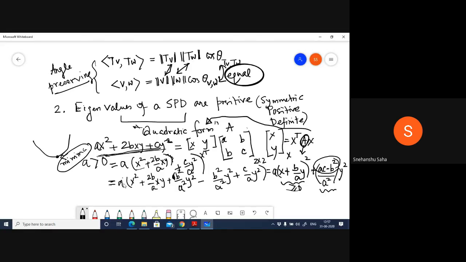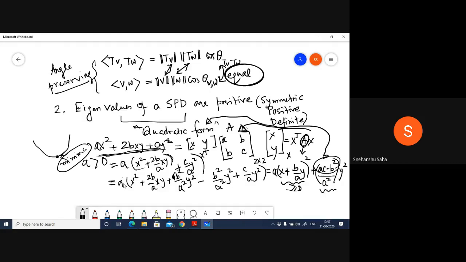Now, where does this AC minus b square come from? I think Rahul Saxena already told me, right? This AC minus b square is nothing but the determinant of this matrix A, isn't it?